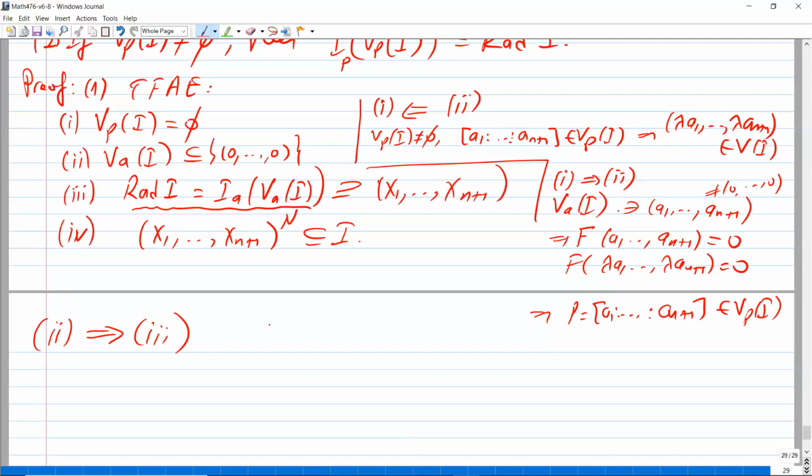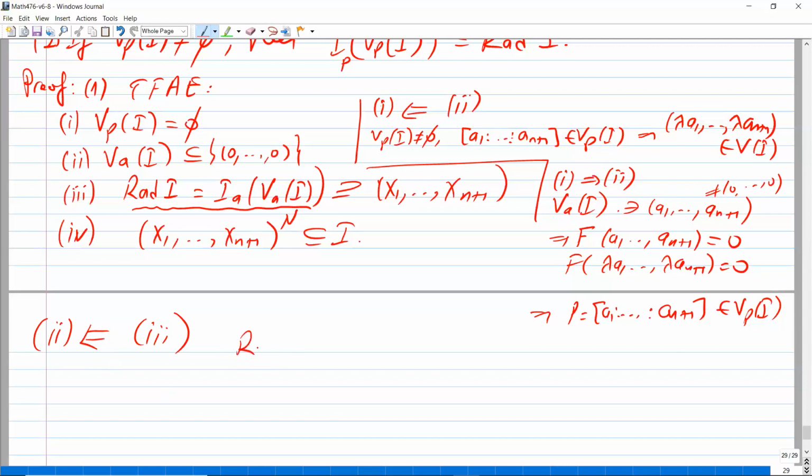If you look at some xi, so let me prove it this way.